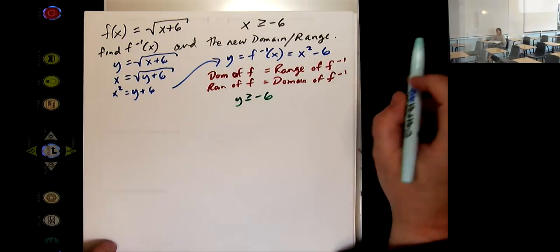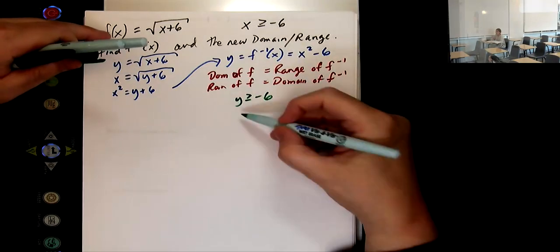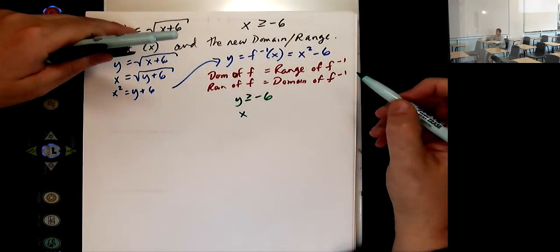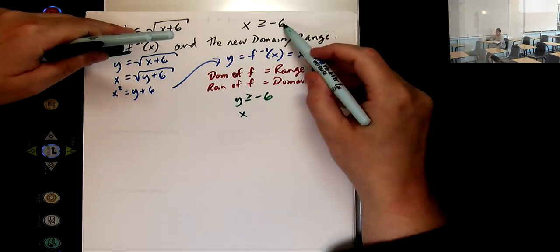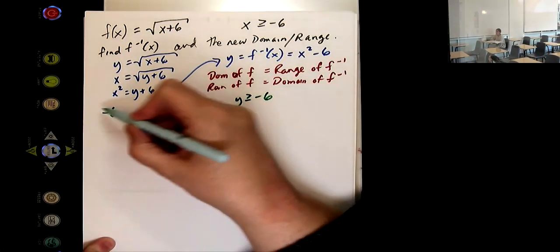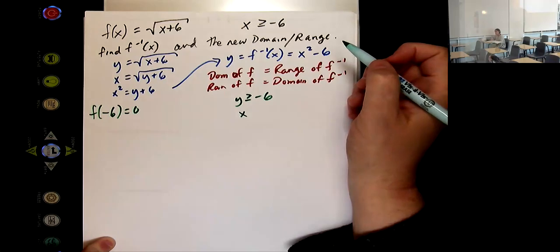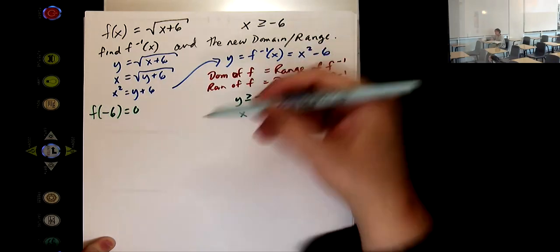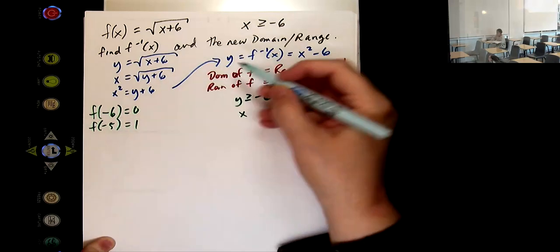Now, the easiest way to figure out what to do for x here is figure out what y does over here. If we had a restriction at -6, if I stick in -6, f of -6 was 0. And if I do something like -5, I get 1.